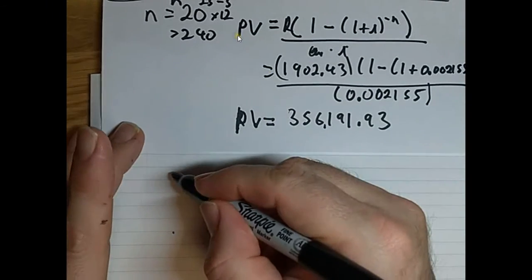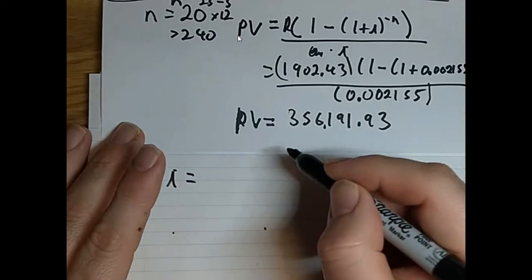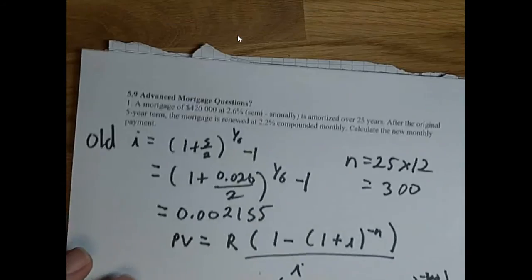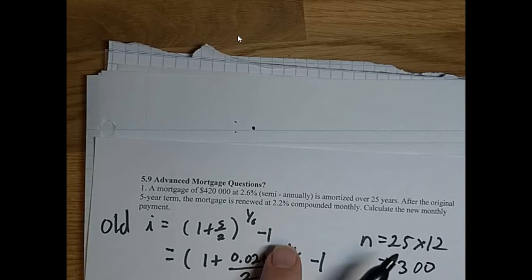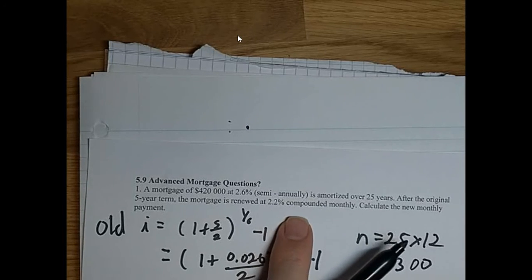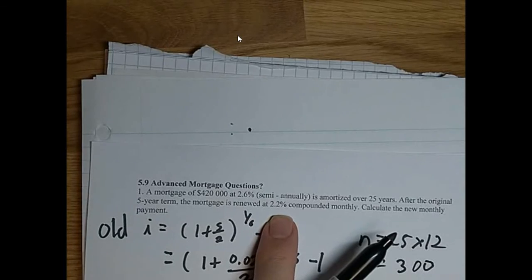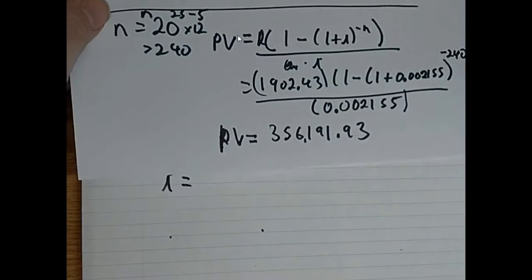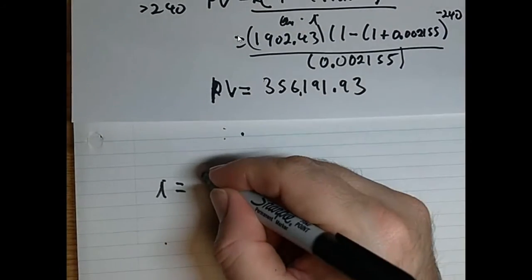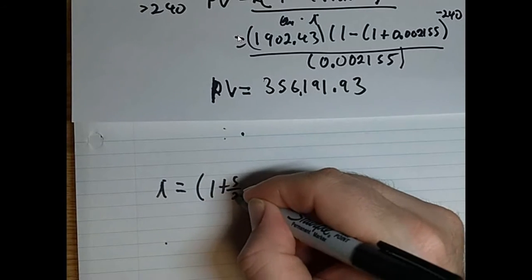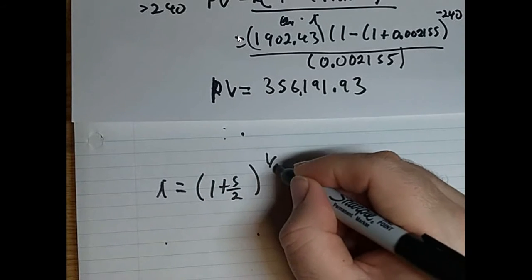Okay, so we got to calculate the new I. So you got to go all the way back to the question. Now we're going to compound it for 2.2% monthly. So instead of 2.6, we're going to go 2.2% monthly. So we're going to find the new I. We're going to use this formula, 1 plus S over 2 to the 1/6.